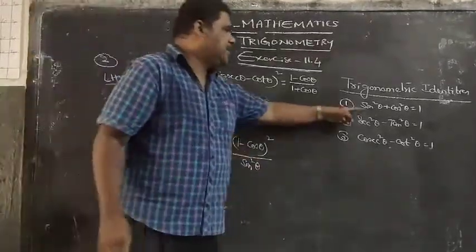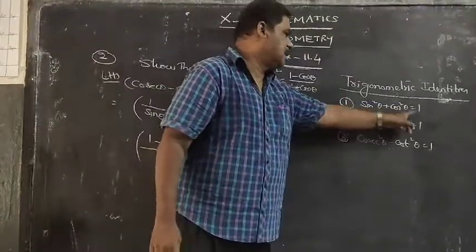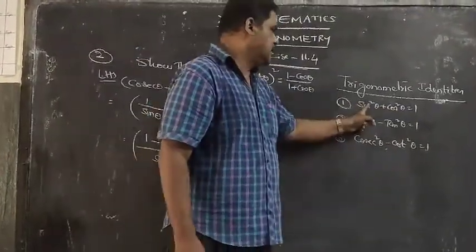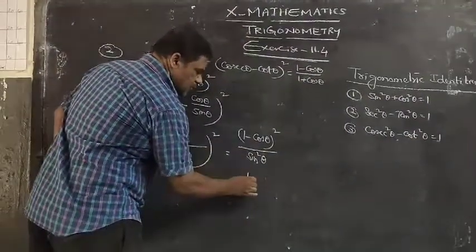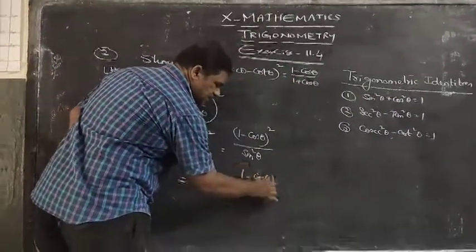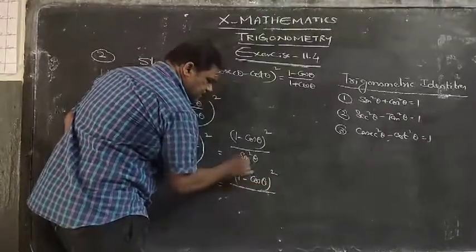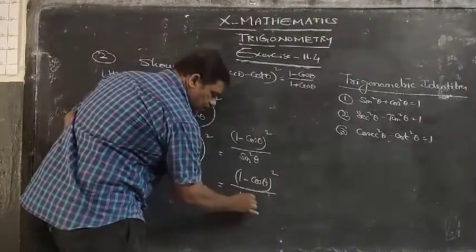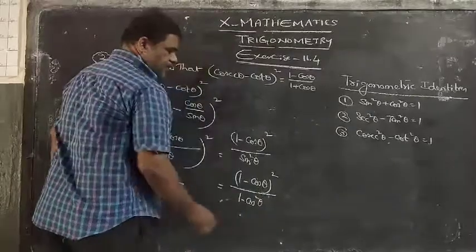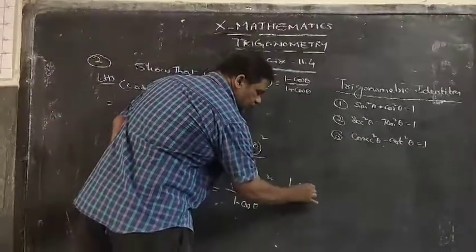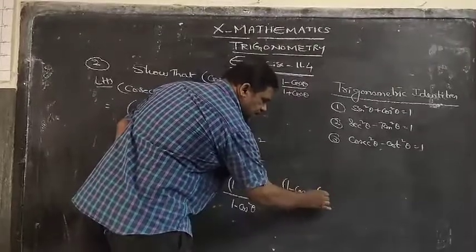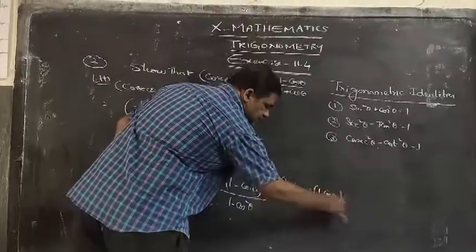Here in trigonometric identity, sin square theta plus cos square theta is 1. So sin square theta we can write as 1 minus cos square theta. In place of sin square theta, you write 1 minus cos square theta. 1 minus cos theta whole square you can write as 1 minus cos theta into 1 minus cos theta.